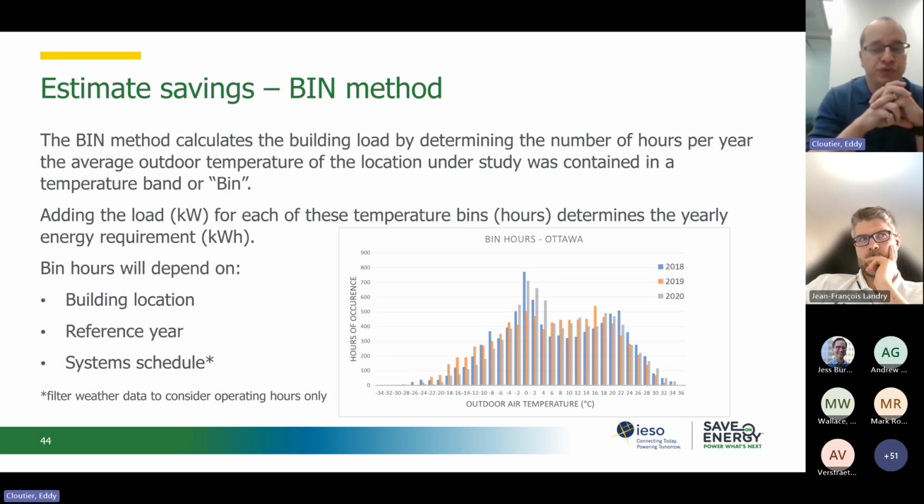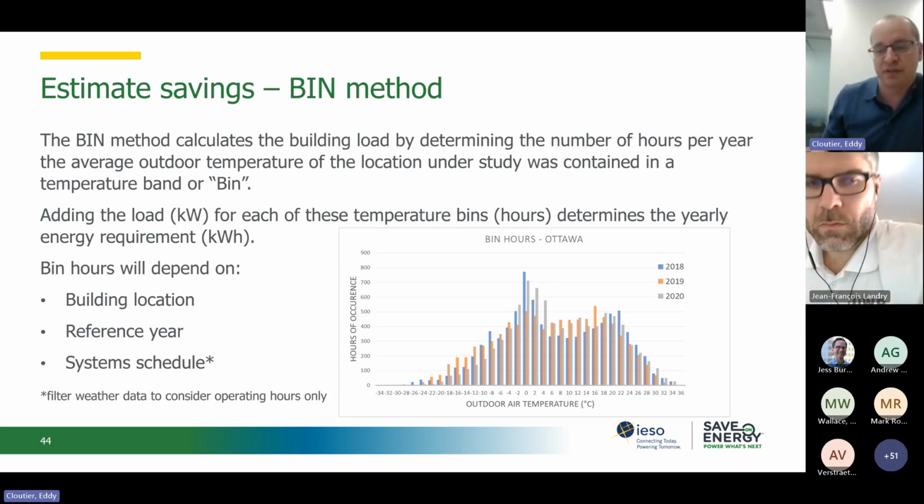The measure will reduce the heating load, which is obviously a function of the temperature differential between the indoor temperature and the outdoor conditions. The bin method will be particularly useful for this type of calculation. We'll see an example of that in the next slides.